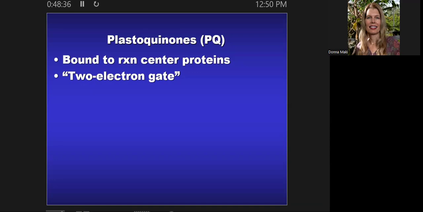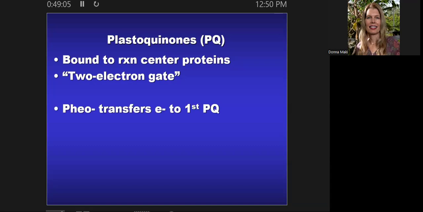So when they are accepting an electron from pheophytin, they'll be like, okay, yeah, I got 1, but I need 1 more. I tend to think of plastoquinones as kind of a hog for electrons. They're greedy. They want more than 1. And before they can get out of the gate, I often think about horse racing, how you have to get out of the gate to start the race. You need 2 electrons in order to get out of the gate and do your part.